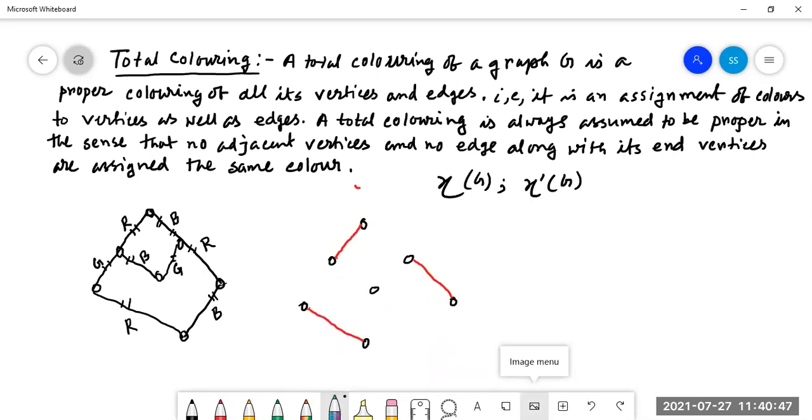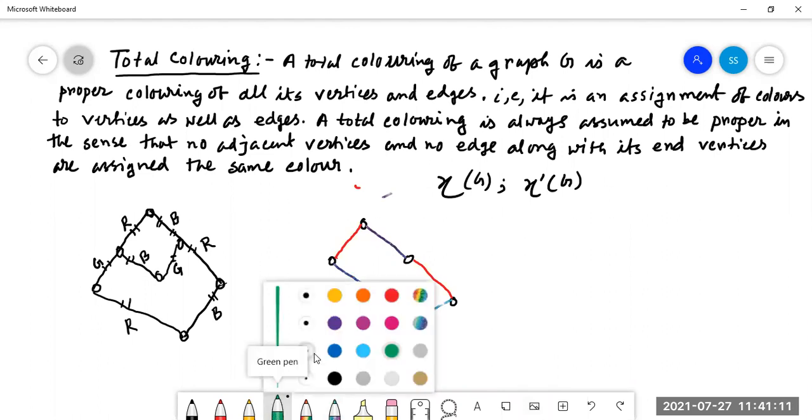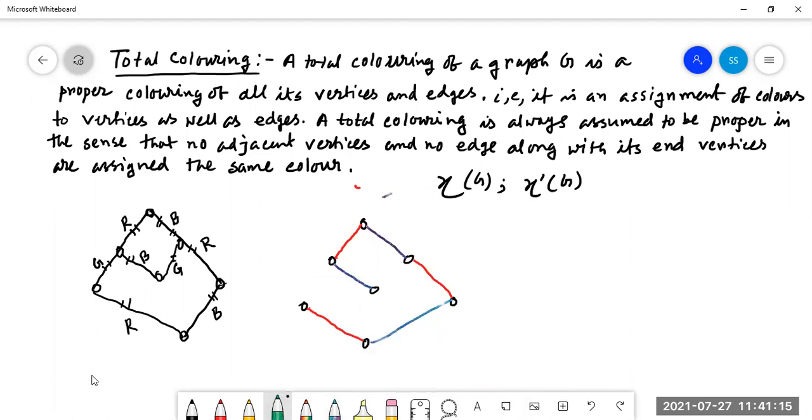In case of blue, this is blue. Then again, this to this is blue. Again, this one to this one is lightly blue. So three are blue. Now we are going for green.